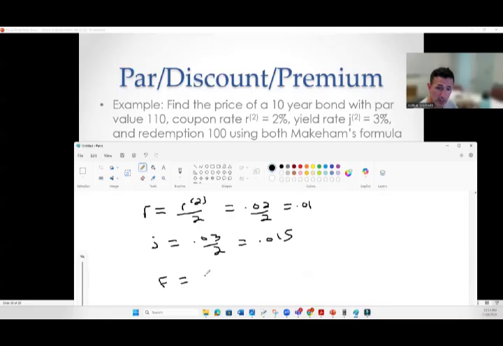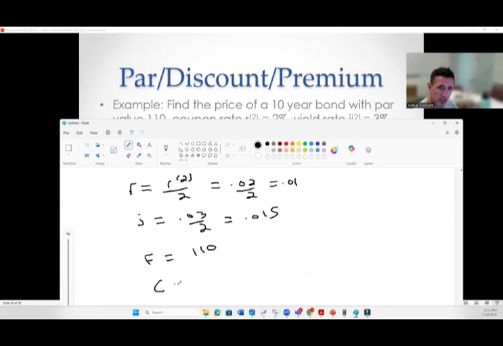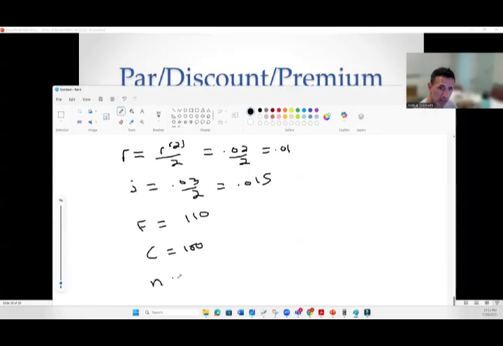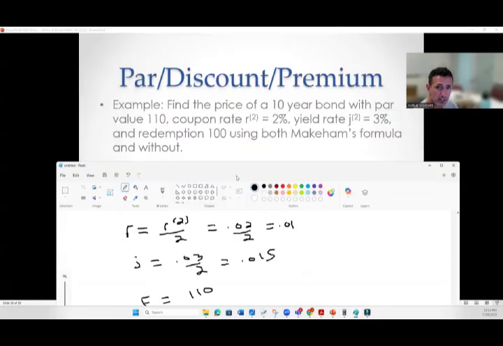F is 110. C is 100. N is 20, 10 years. Remember, unless otherwise stated, semi-annual coupons. All right, so here's everything we need.